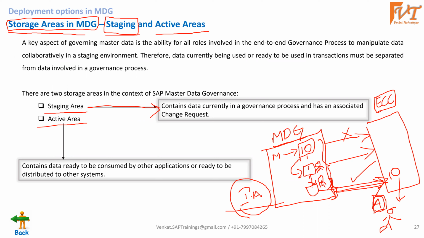But for your understanding at the moment, inactive data is the data which is pending for the final approval and not ready to be used by business transactions. Active data is the data which is readily available for business transactions.